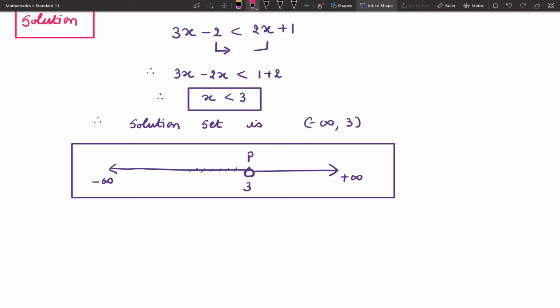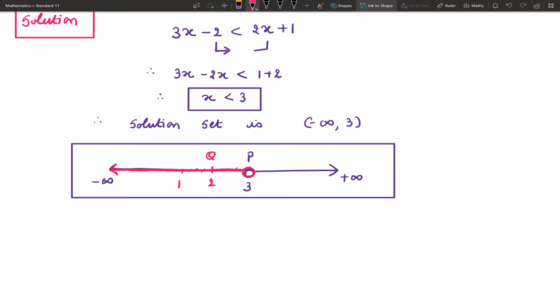So this is the solution portion. Here we give names to some points, say Q, 3, 2, 1 and so on. So this portion is the solution on the number line, or you can say on the real line.